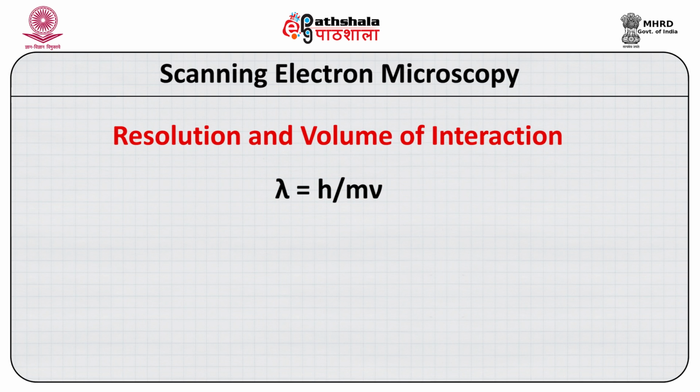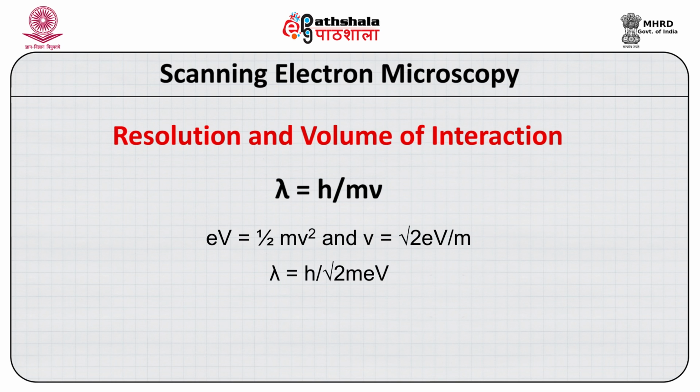Now, velocity of an electron is dependent upon the accelerating voltage, and if we relate it here, then velocity is expressed as under root 2 eV by m. Thus, the wavelength of an electron beam can be given as lambda is equal to h by under root 2 meV.